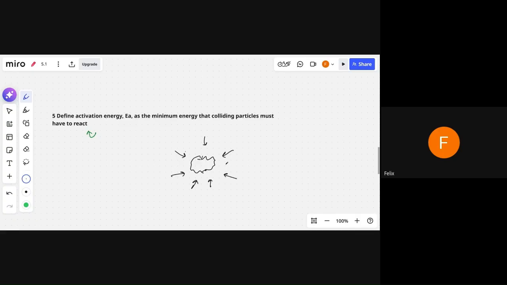So why is the reaction not taking place while you are holding it in your hand, where it is still colliding with oxygen molecules from the air? The reason is that it doesn't have the activation energy. The oxygen particles in the air and the charcoal itself, its molecules or atoms, are at a lower energy state.